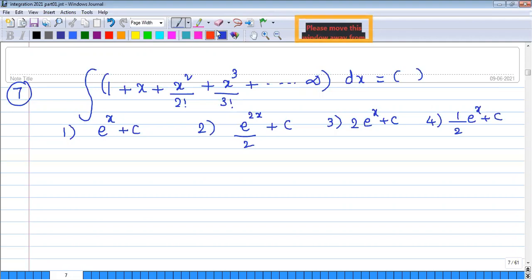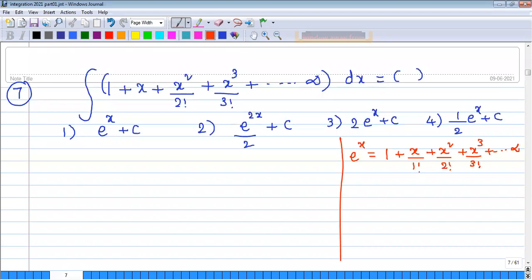So my dear students, please remember, this is the expansion of e power x. E power x equals to 1 plus x upon 1 factorial, 1 factorial is 1 only, plus x square by 2 factorial plus x cube by 3 factorial and so on to infinity.